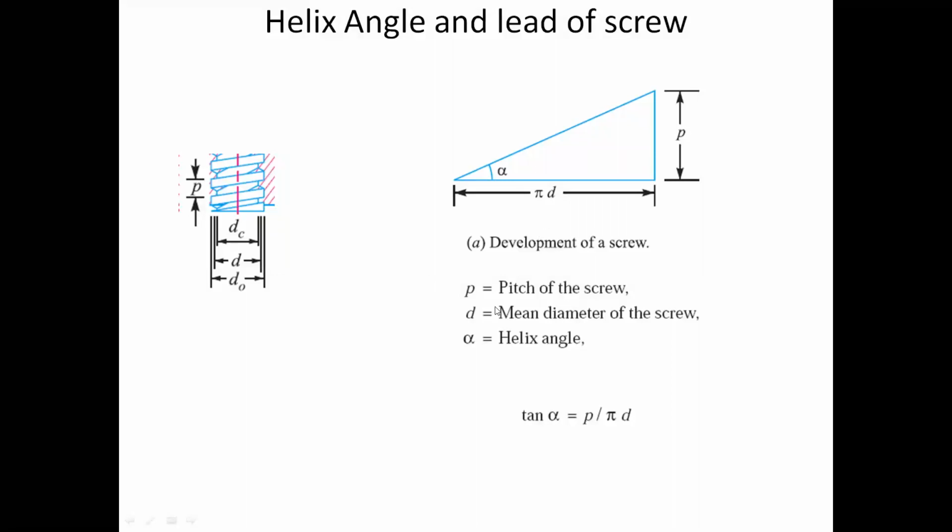So from this triangle you can have one relationship. The relationship is tan of alpha is equal to P divided by pi d. So you remember this formula, tan of alpha is equal to pitch divided by pi d. This is for the single thread.